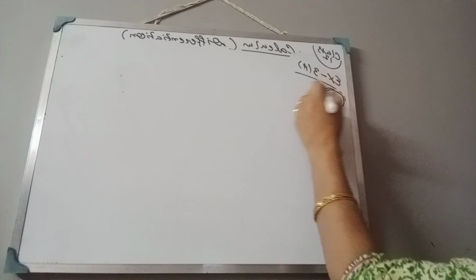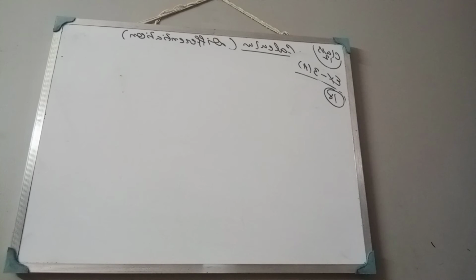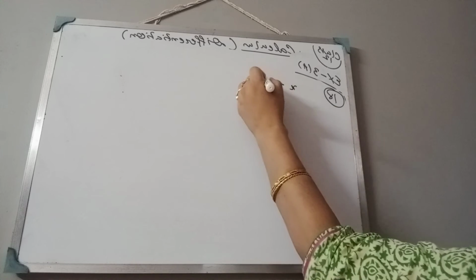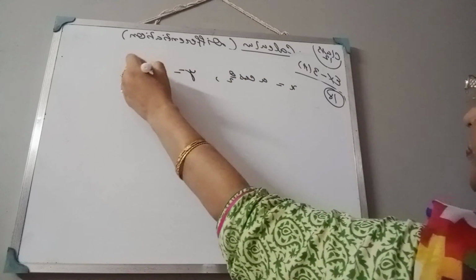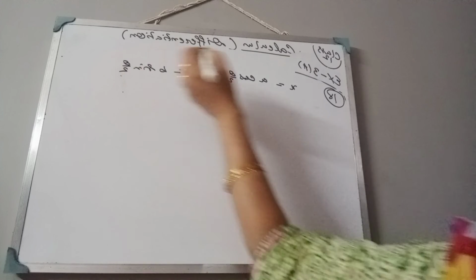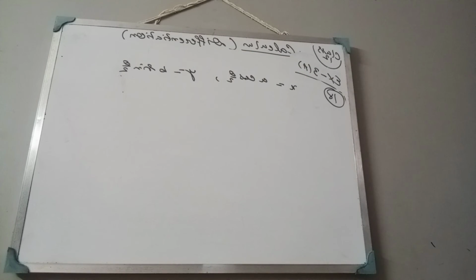Sum number 18. Now we are doing 2 marks questions. Check from your book. The question is x equal to a cos theta by 2 and y is equal to b sin theta by 2. Here theta is the parameter. We have to find dy/dx.